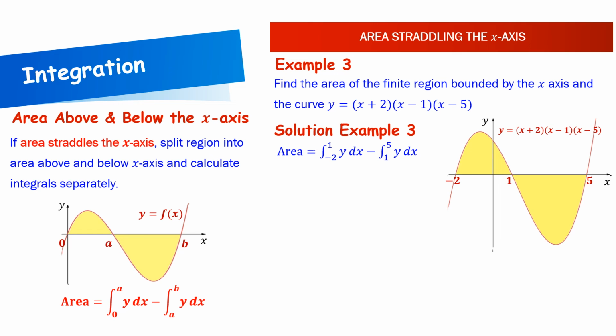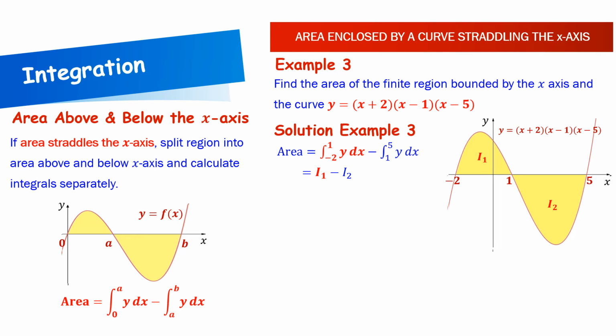So when we calculate the area, we integrate from minus 2 to 1 of y dx minus the integral from 1 to 5 of y dx. And we denote that by I1 minus I2, as shown.